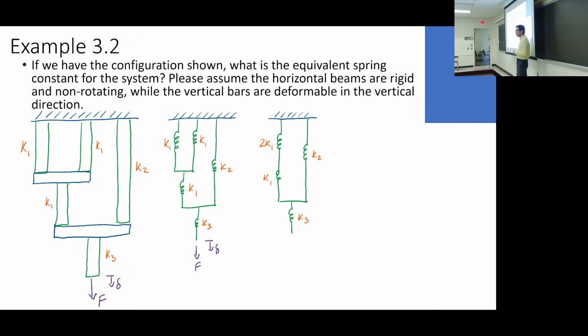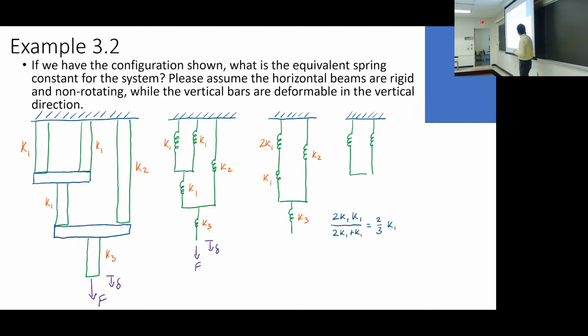You could combine the springs on the left in series. Yes, exactly. So combine these two, and to do that, I do K1 K2 over K1 plus K2. That means now I calculate the 2/3 K1 for that left branch.